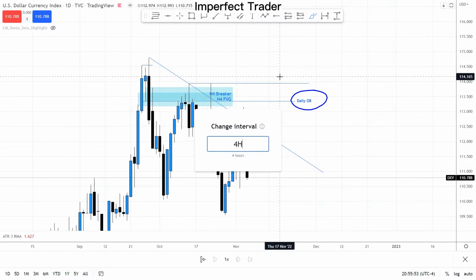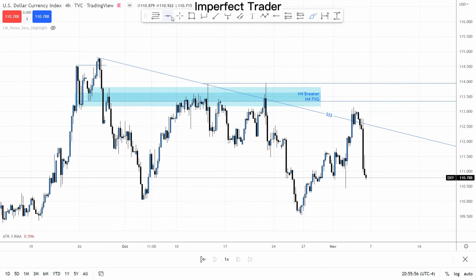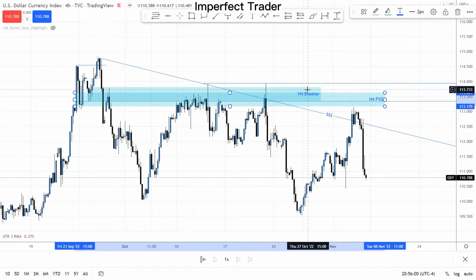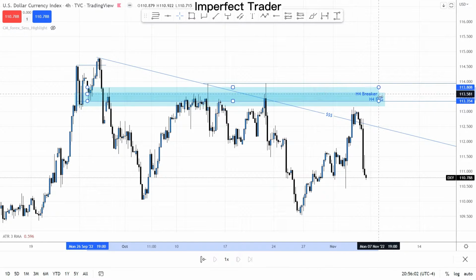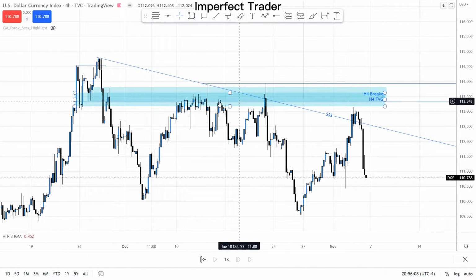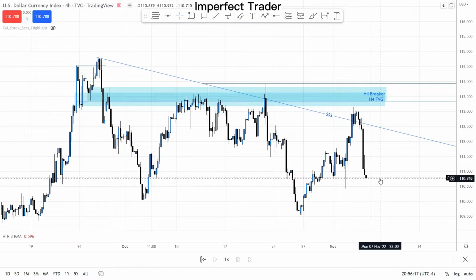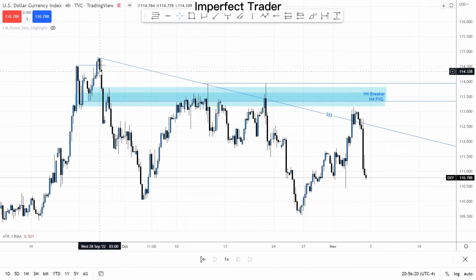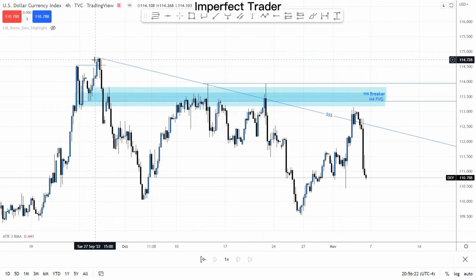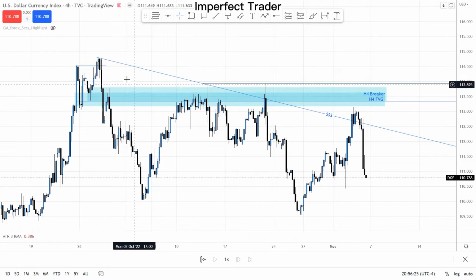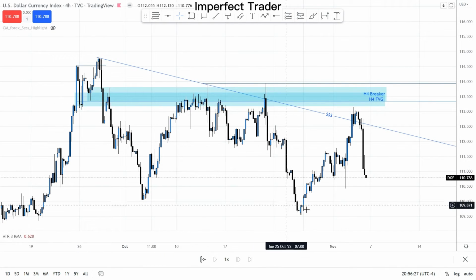And the PD arrays are actually powerful when they overlay with each other and create confluences. That's why I am confident that even if price goes a little bit higher, it will eventually be rejected down due to the PD arrays on premium level. That is the next region.